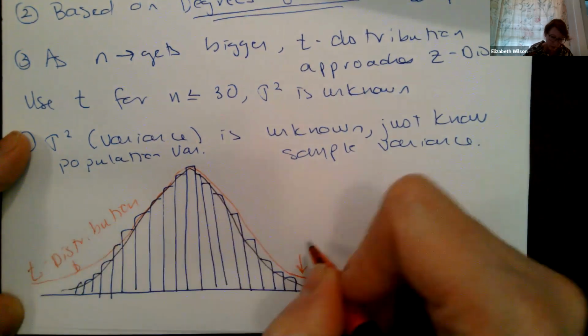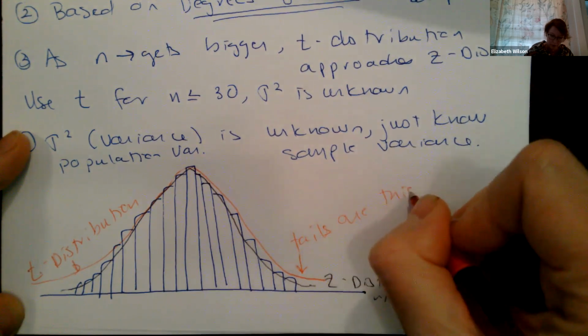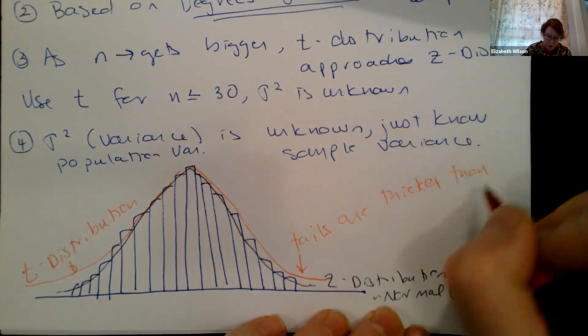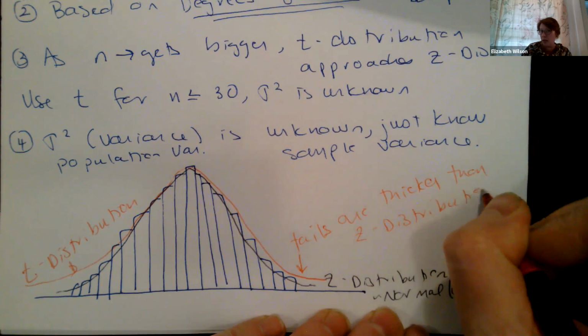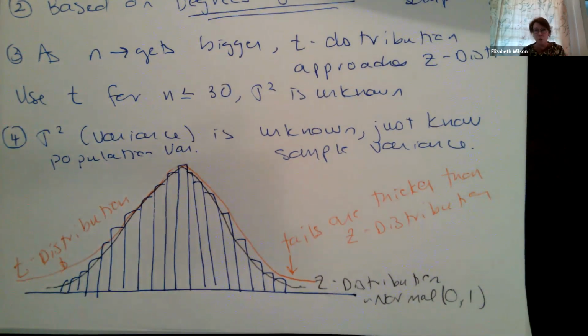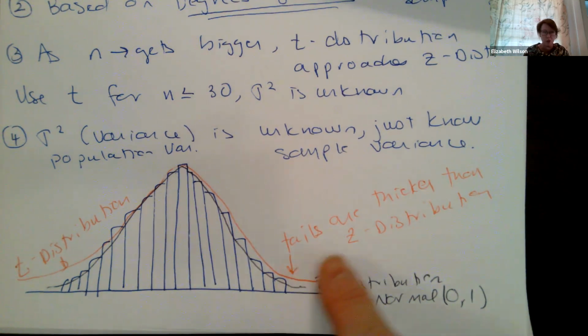And here our tails are thicker, they're a little bit wider than the z distribution. Why? Because we only have sample information and the sample sizes tend to be small, right? They're smaller than our general population. Okay, so then the variance is not going to be equal to 1. So our tails are going to be thicker than that. Okay, but this is still essentially a normal distribution, but our variance isn't equal to 1.